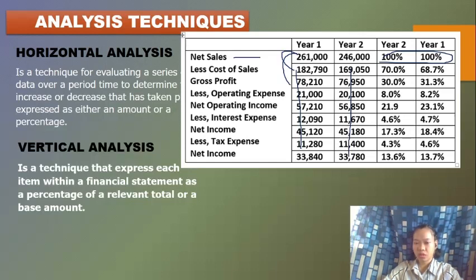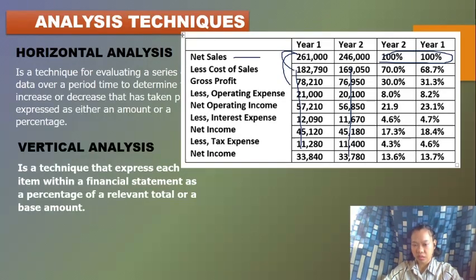And also in year 2, 169,050 pesos divided by 246,000 equals 68.7%. And the rest you will do the same. Then 78,210 divided by 260,000 equals 30.0%.